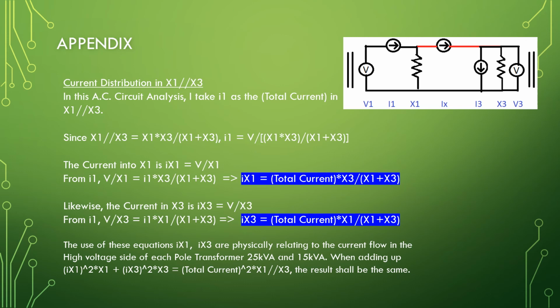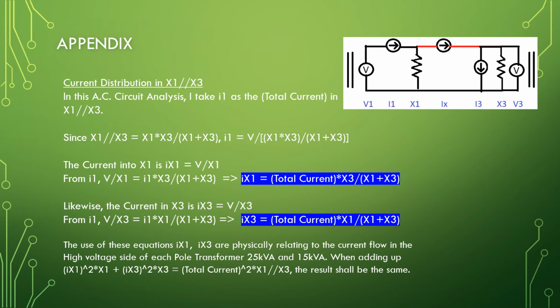Imply that Ix3 equals total current times X1 divided by X1 plus X3. The use of these equations, Ix1 and Ix3, are physically related to the current flow in the high voltage side of each pole transformer, 25 kVA and 15 kVA.